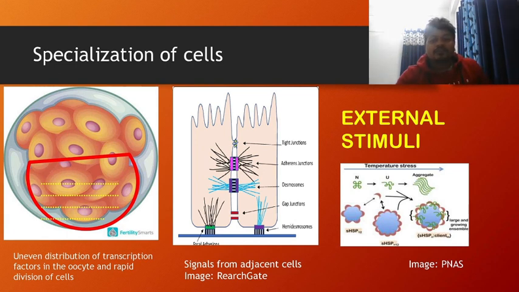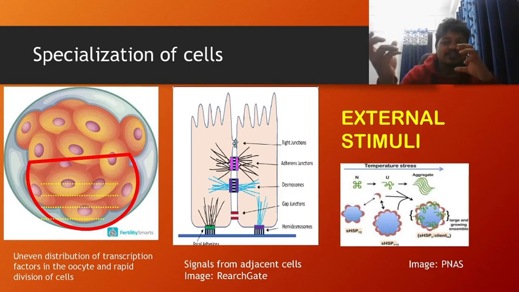The second process is signals from adjacent cells. If two cells are residing one after the other, there are a few junctions, as you know, gap junctions and tight junctions. With these junctions, these cells can communicate with each other.